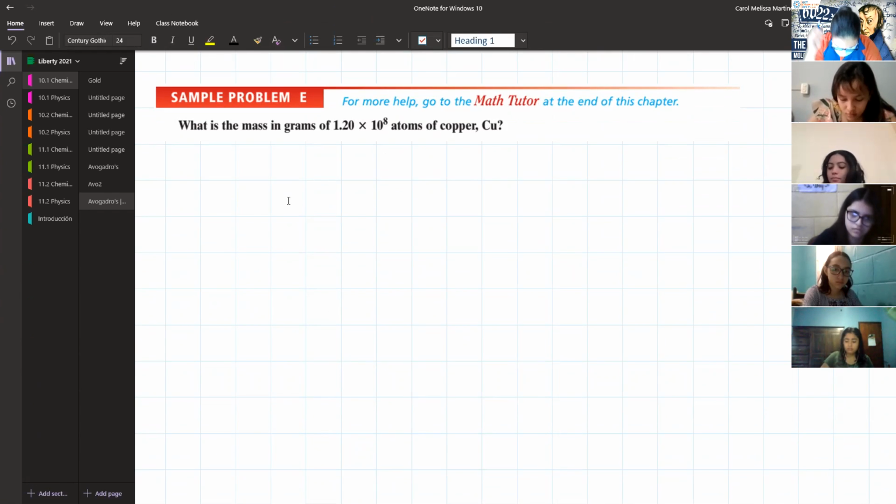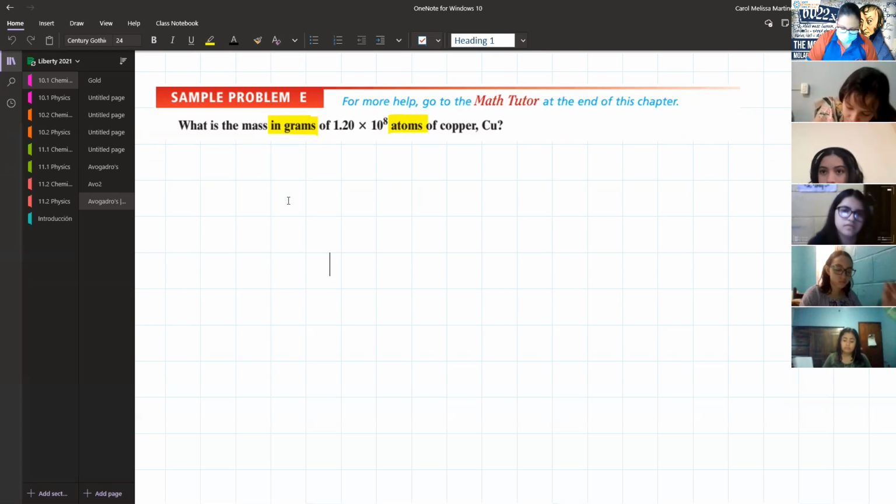Okay. So this one says, what is the mass in grams of 1.8 times 10 to the 8th power atoms of copper, Cu? This one I haven't taught. And this one is interesting because I am giving you grams, that's one of the keywords, and I'm giving you atoms.